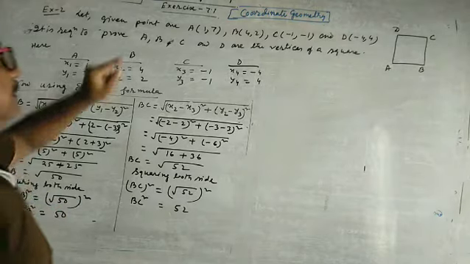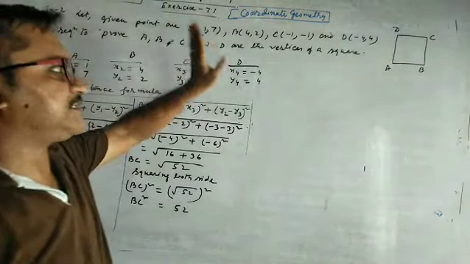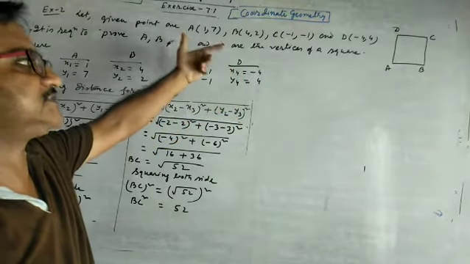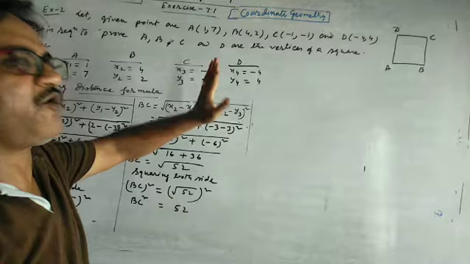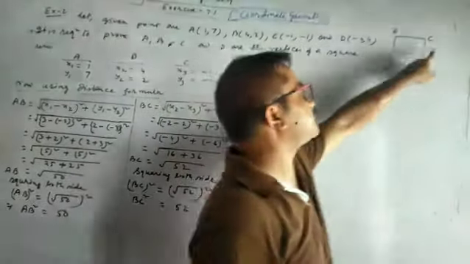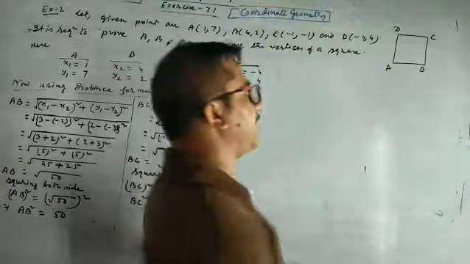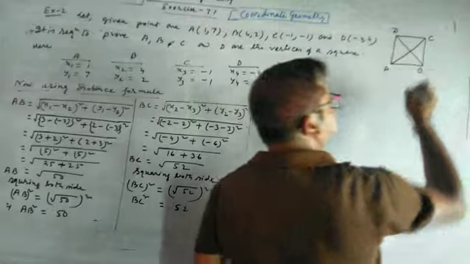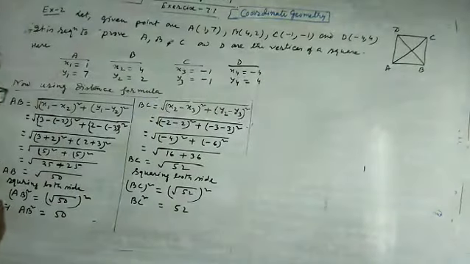So the 4 points are the vertices of a square when, according to the property, the distances of the 4 sides are equal and their diagonals are equal in measure.